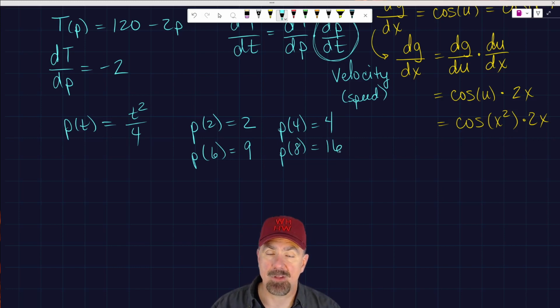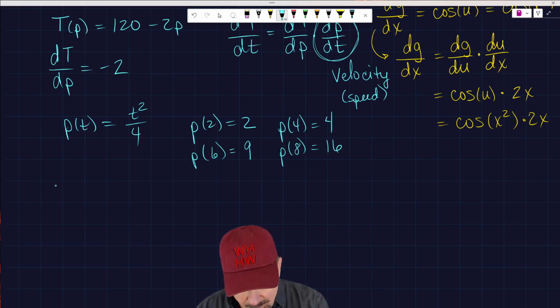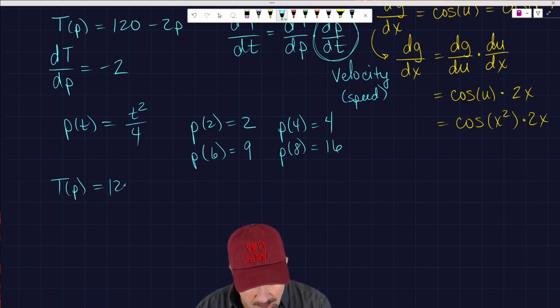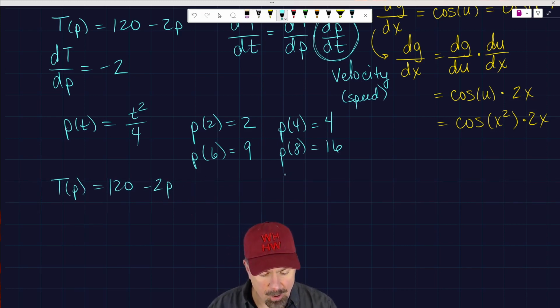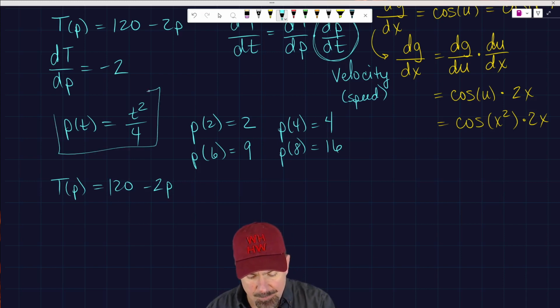And now we have something where we can calculate the rate of change of temperature with respect to time. Again, we have T of P is 120 minus 2 times, not X, but rather P. And then we have our P function right here.